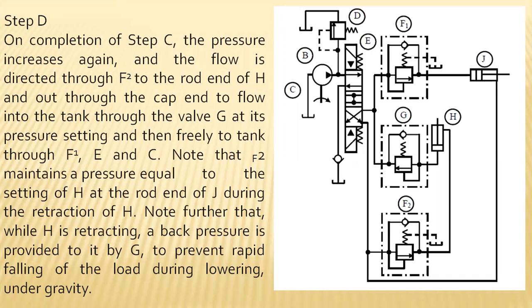So for these particular conditions, on completion of step C, pressure will increase once again after crossing step C. So complete retraction of J will be considered first, and then H will take place, and the return strokes will be completed in the two different actuators, and it is ready for alignment, nothing but giving the signal for this particular pilot condition towards the J, so that the DCV needs to be changed in its position.